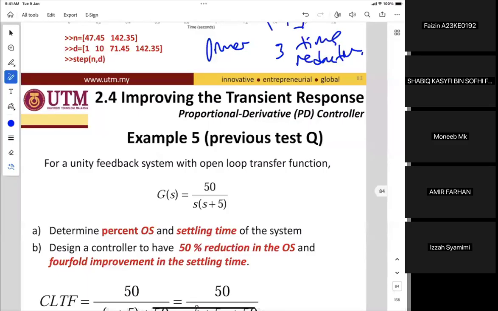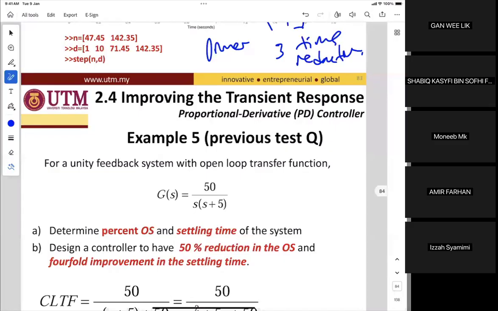Will the test question later look like this? Yes, like this. Is it more straightforward or more confusing? Can you say it in English because we have Arab brothers in the class. Is it more confusing or is it a straightforward question? In between. Izzah Shamimi, do you understand?